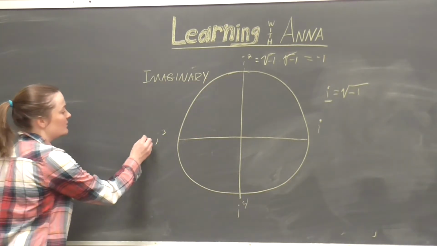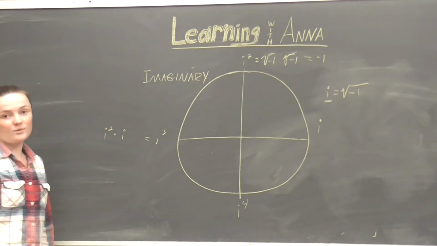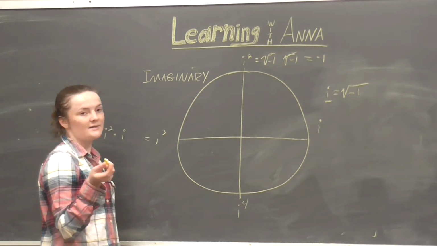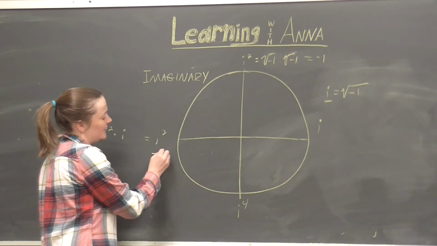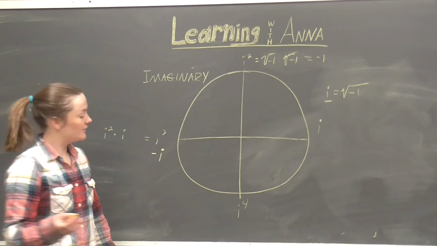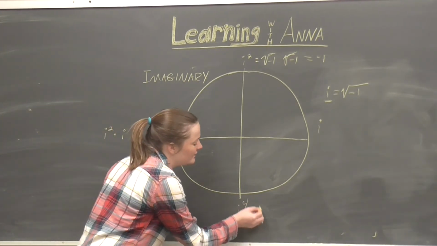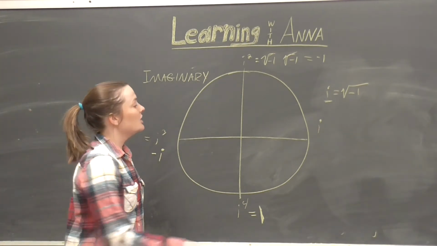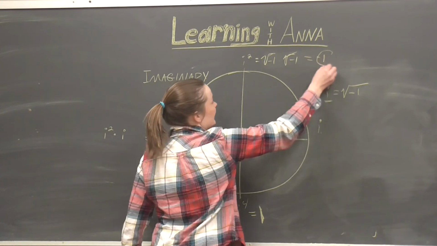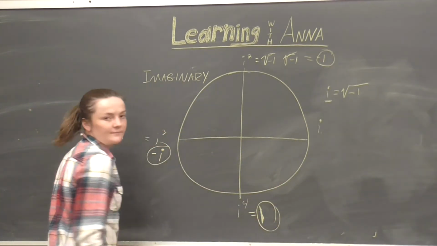Now, i cubed is equal to i squared times i. i squared is equal to -1, and i is equal to i, and so i cubed is equal to -i. Similarly, i to the 4th is going to equal +1. And look at this, we have a nifty circle going from i to -1 to -i to +1.